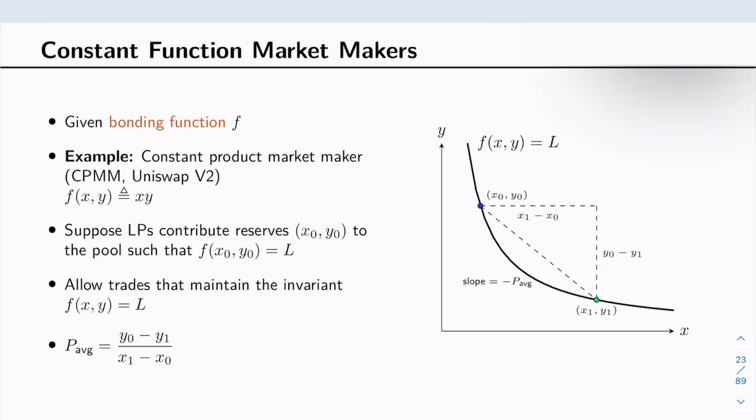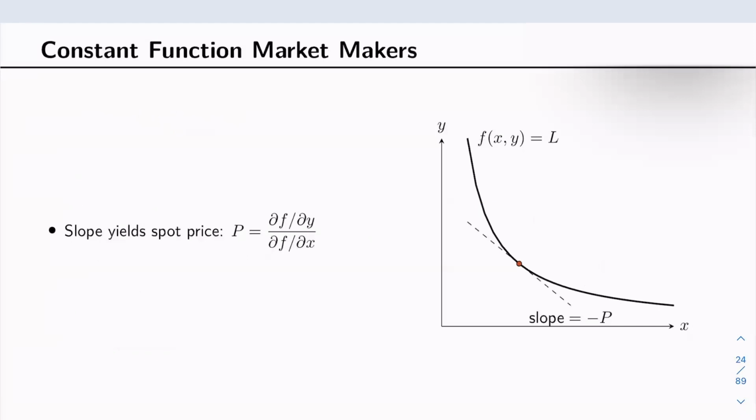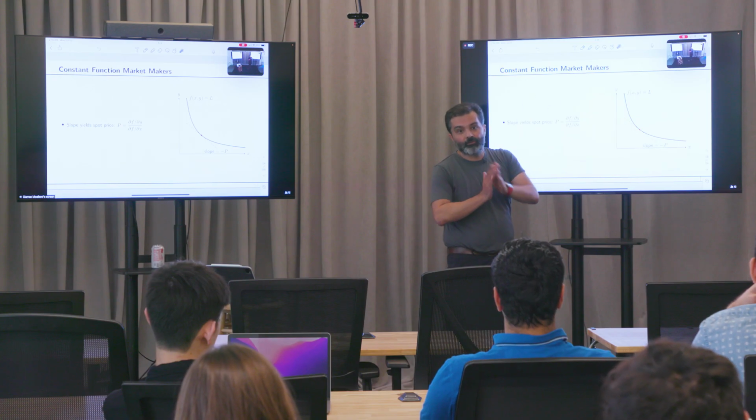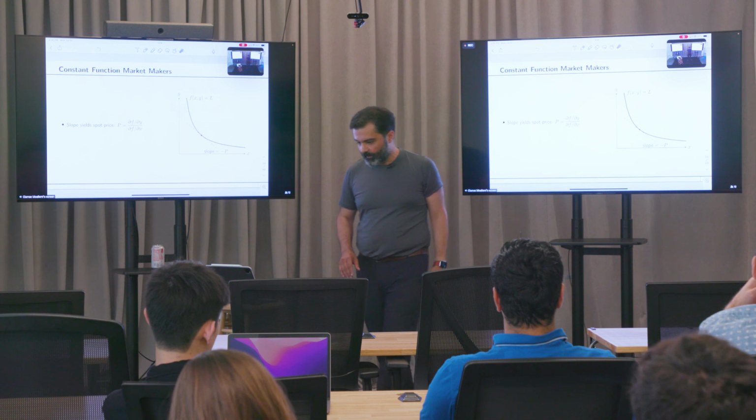And so one thing to notice is if we shrink the amount that's traded, and make these points close to each other, if I'm at a particular point and I look at the instantaneous slope, this is the spot price. This slope is the price to trade an infinitesimal quantity of that asset. It's simply shrinking that triangle to be a tangent line.